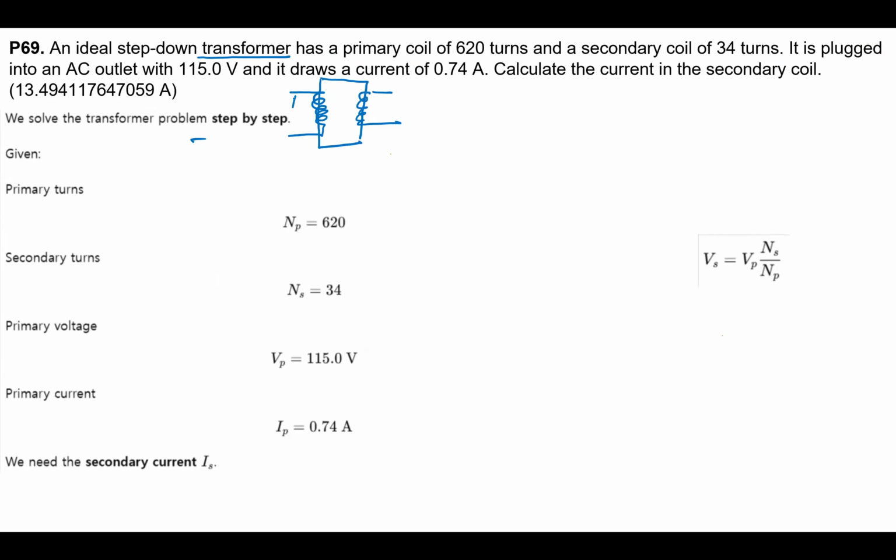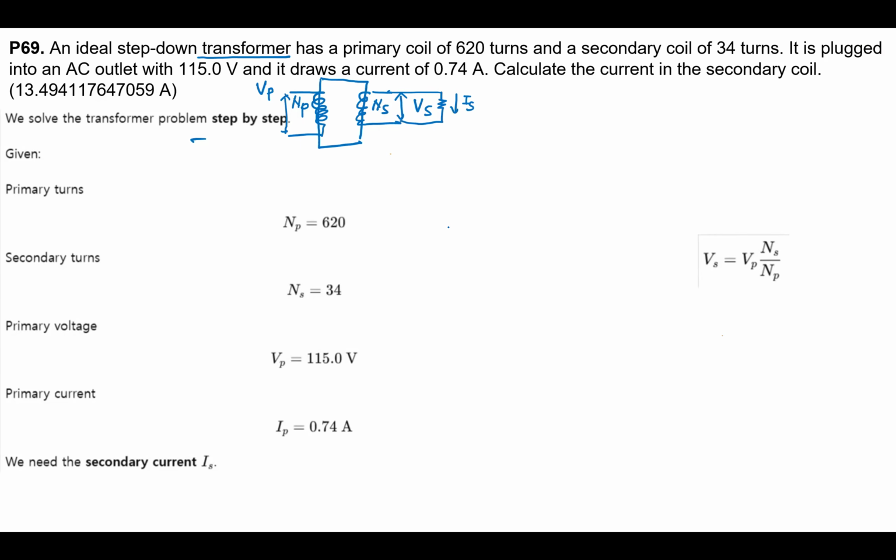There is NP primary turns and NS secondary turns, and then we get VP and VS. In this case, we also have the resistor, and then we get IS.